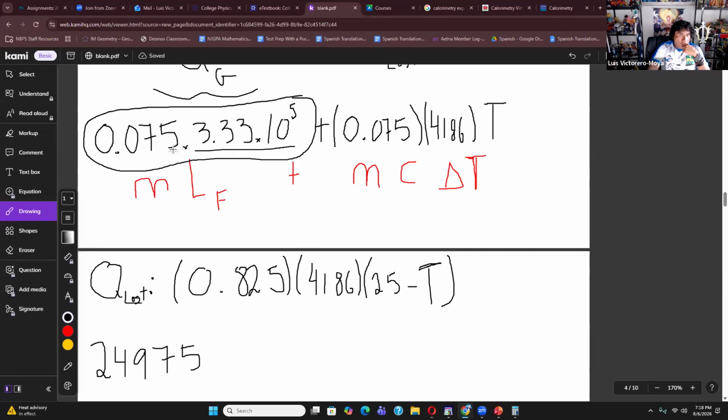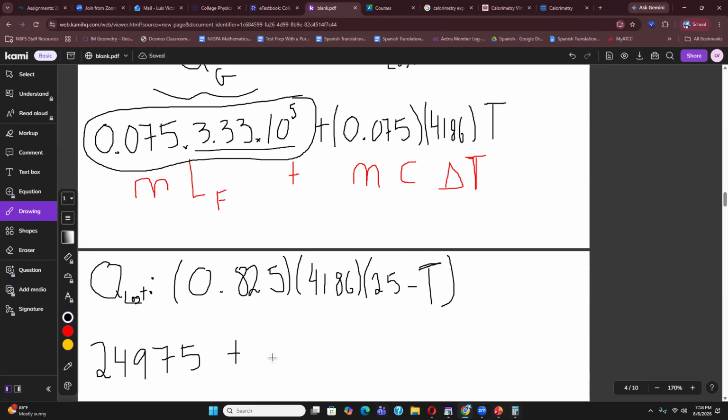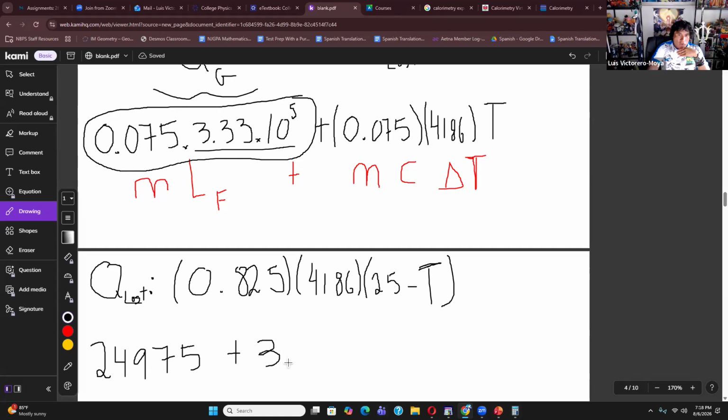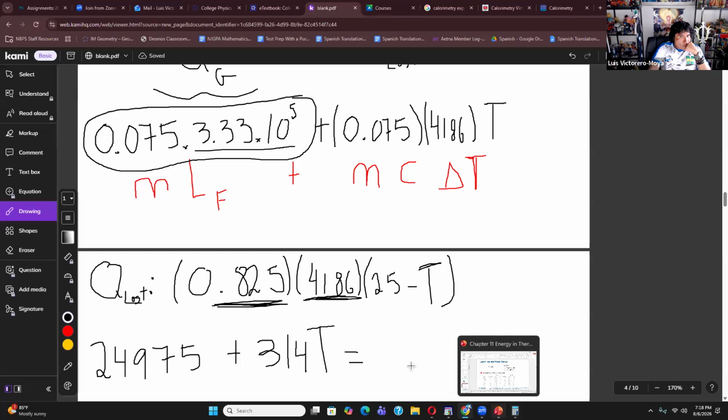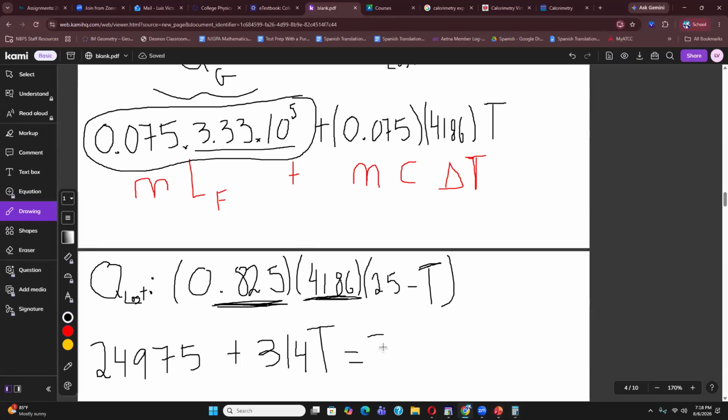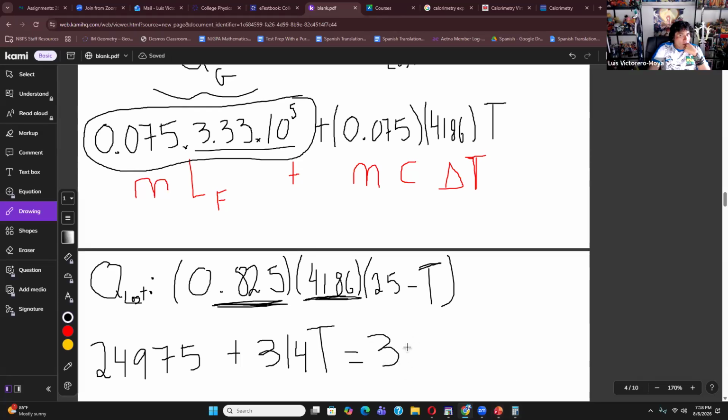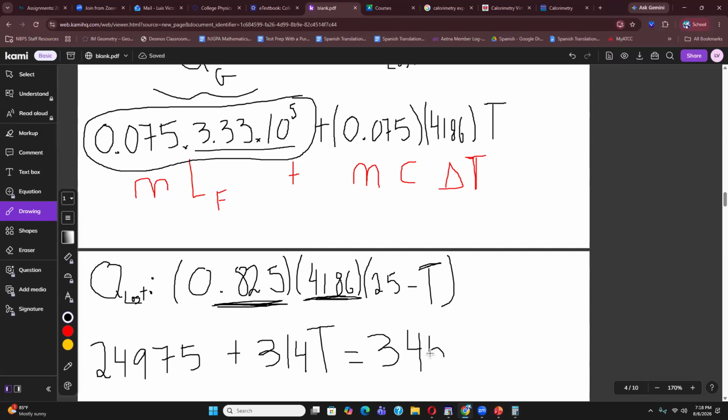And now, what's 0.075 times 4186? 314. So 314 T. And now, what's 0.825 times 4186? 3,453.